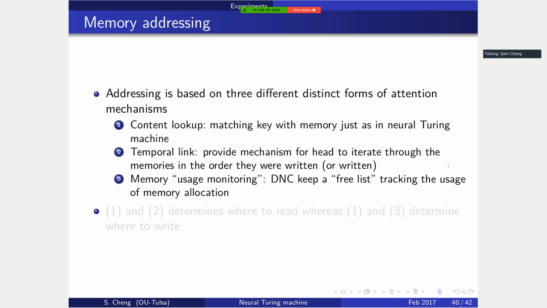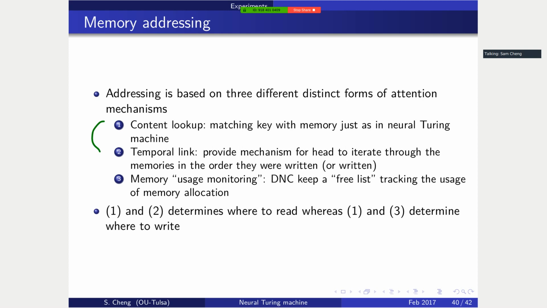So in this updated model, they have a usage monitoring mechanism that allows you to keep track of the usage of those memories. Then you can see that the first two will also determine, can modify, how your read mechanism works, and the first and the third one will control how you write.